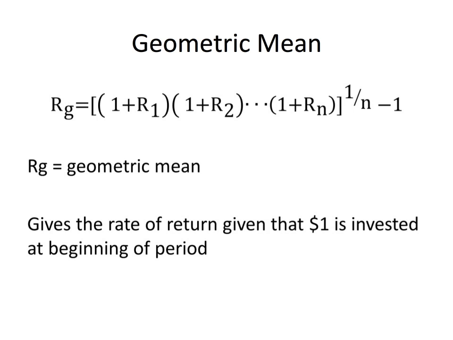R sub g. What you do is take the product of 1 plus the periodic returns, raise that to the power of 1 over n, minus 1, and it's a geometric mean. It has a very nice interpretation.